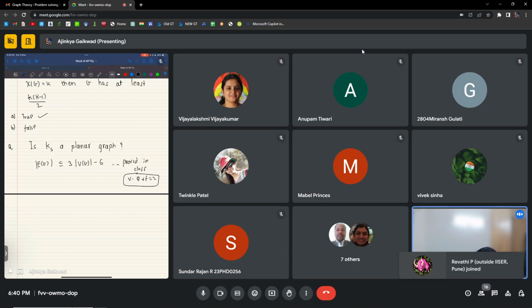You can use this Euler identity and show that in a planar graph, the number of edges is always upper bounded by 3 into the number of vertices minus 6. This is a necessary condition.